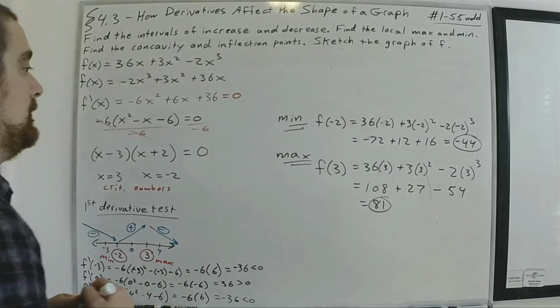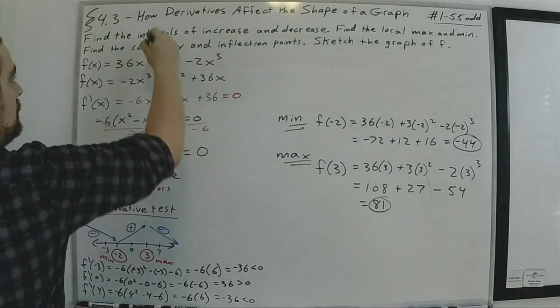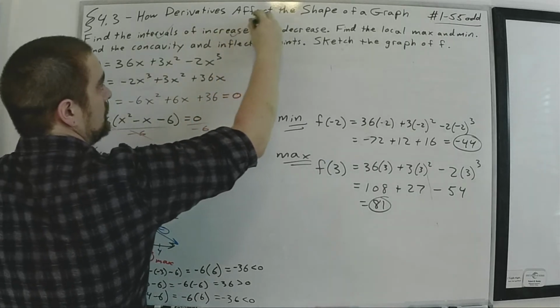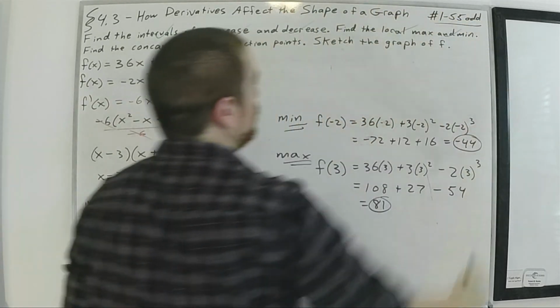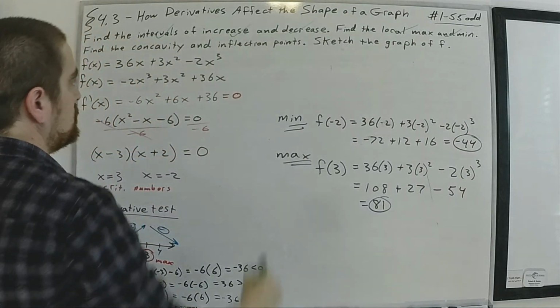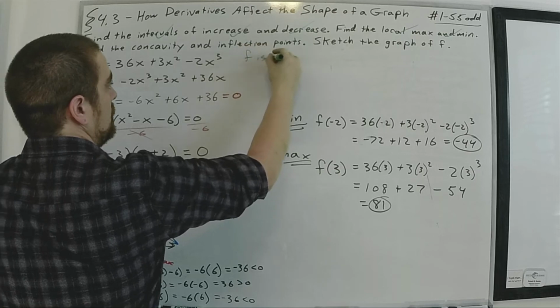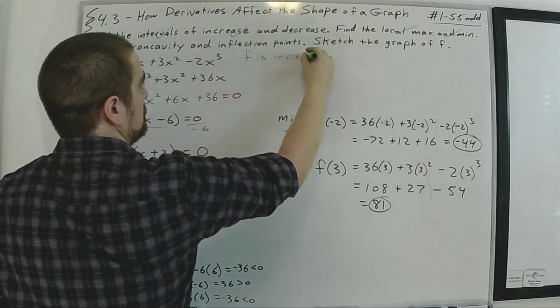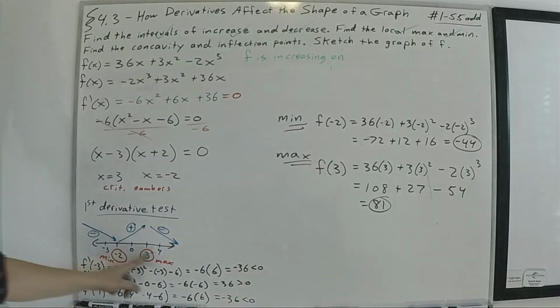Now, again, short on space, but at least we're done with intervals for the increasing and decreasing, and we found those local max and those local mins. So I'm just going to sort of summarize here like I did with the last problem. F is increasing on negative 2 to 3.